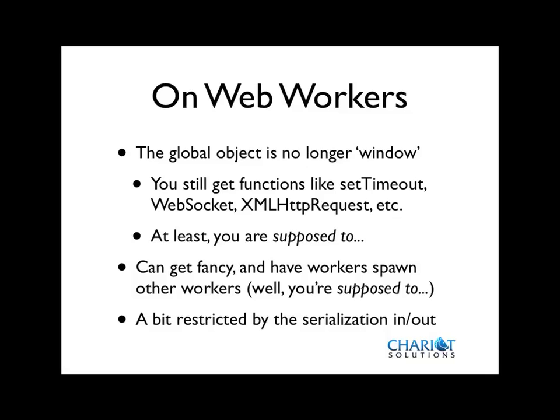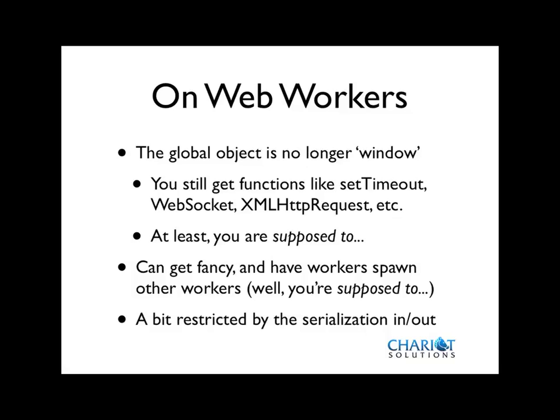It's just a different one, and it still has functions like set timeout, WebSocket, XML HTTP request, except that some of the browsers have some bugs. So for instance, in Firefox, the XML HTTP request is there, but the WebSocket isn't, even though the documentation says it should be. You can have workers that spawn other workers, except there's a bug in Chrome, and that doesn't really work. So this is life on the bleeding edge.